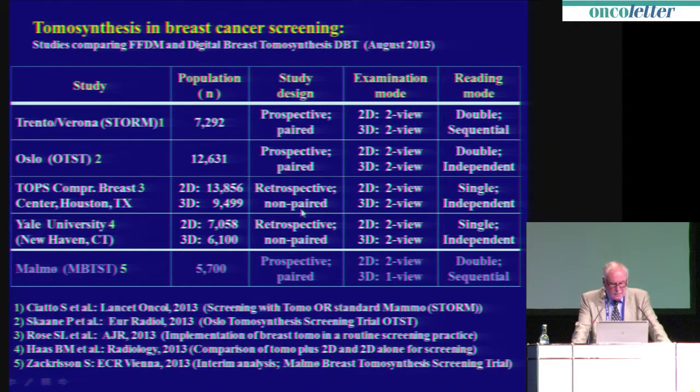The 2 US studies, of course, as is common in the US, used single reading, but they also had 2-view tomo in their setting. We are all waiting for the Malmö trial that I hope will soon be published, at least an interim analysis. They also have double reading, but they have only 1-view tomo, as far as I know, and they also have sequential reading as in the Italian STORM trial. So keep this in mind when you compare results of the different studies.